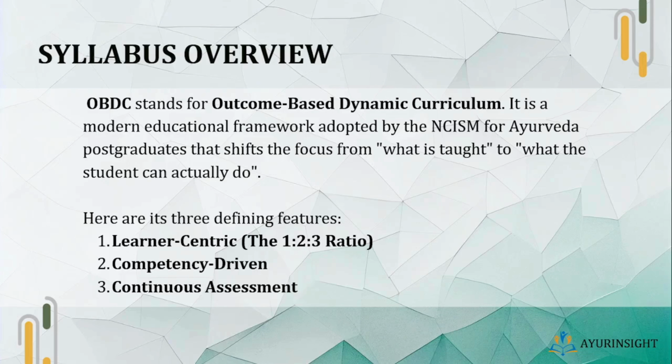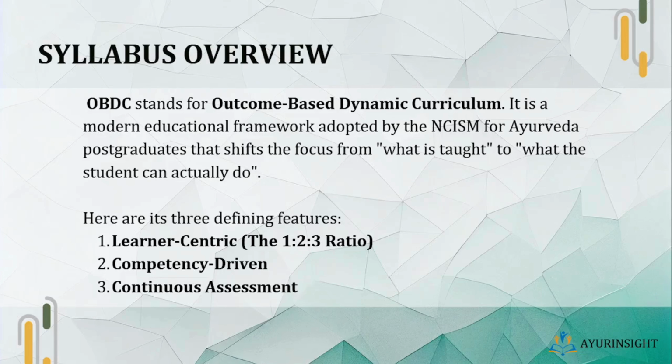The three defining features of this syllabus: the first is the learner-centric approach. The ratio is 1 to 3. This ratio defines the hours a topic should be taught. One means theory class, two is practical approach, and three is experiential learning.